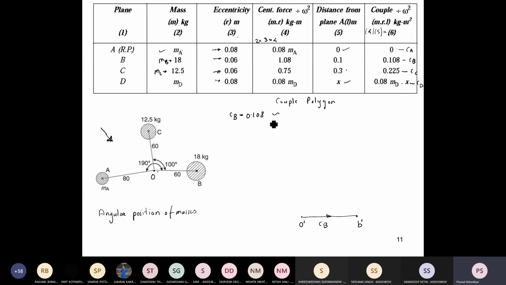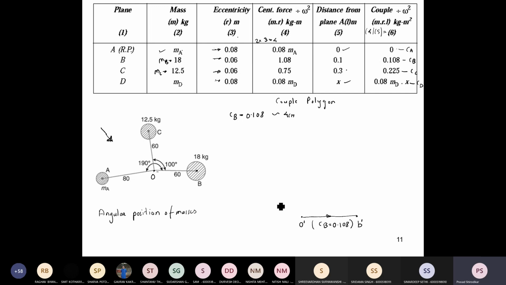It depends upon you. And then accordingly, the other values are going to be adjusted. So I have taken this as 4 centimeter, approximately 1, 2, 3, and 4. So this is 0.108 to the scale, CB.